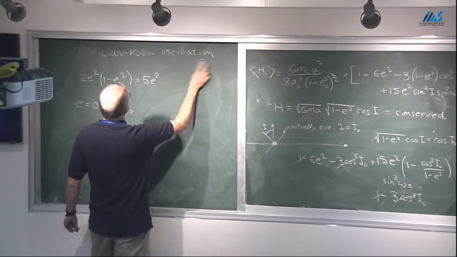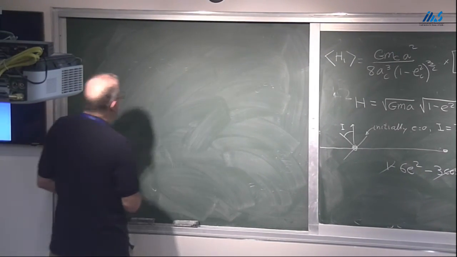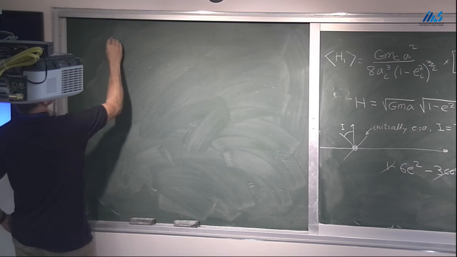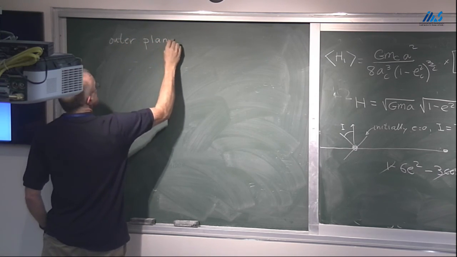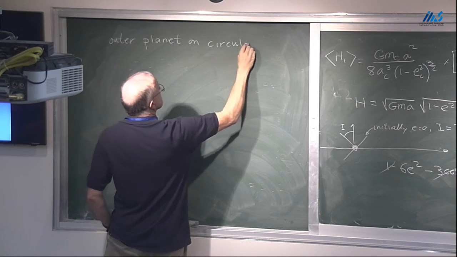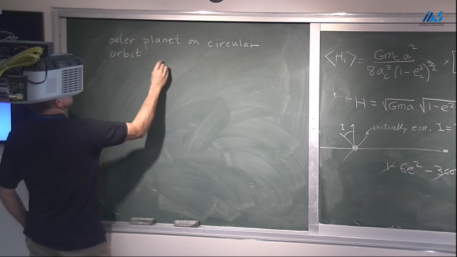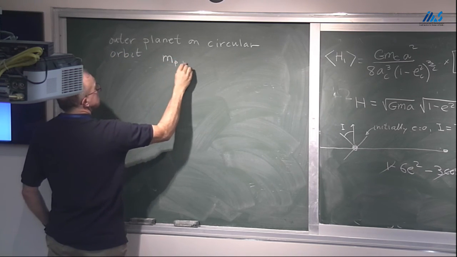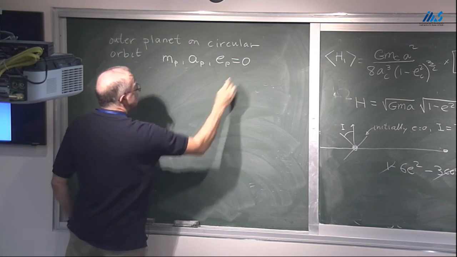In order to keep things as definite as possible, I'll look at the case where there's an outer planet on a circular orbit. So it has a mass MP and a semi-major axis AP and zero eccentricity.